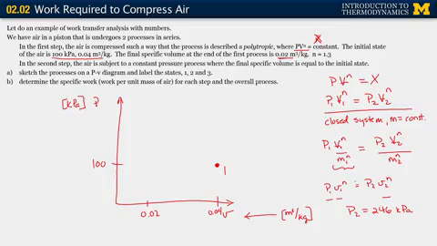And you all remember how to do this type of solution, but it should be pretty straightforward. So what we know now is that the specific volume at state 2 is 0.02, and the pressure is 246 kPa. And so I can now label state 2.